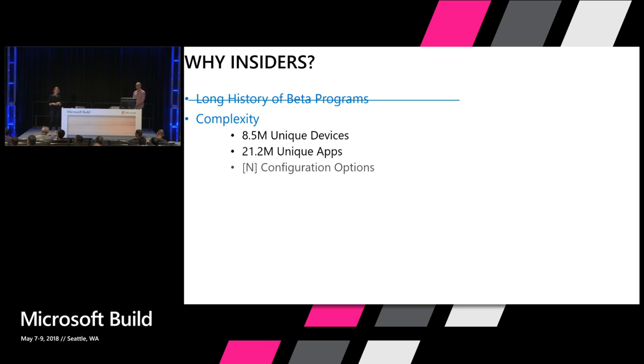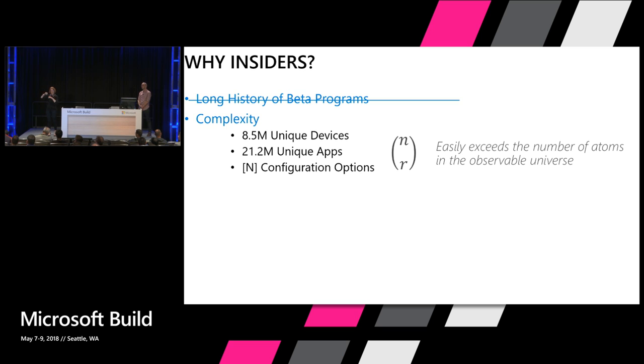The first is complexity. So Windows has 8.5 million unique devices out there, 21 million unique apps. So even with one configuration option, you easily exceed the number of atoms in the observable universe, number of things that you need to test through.